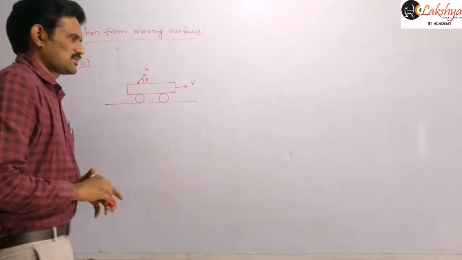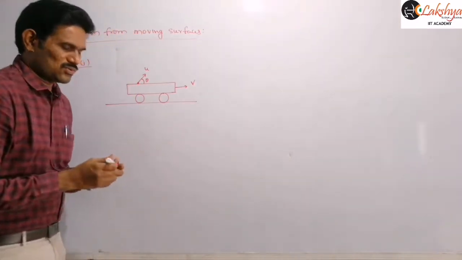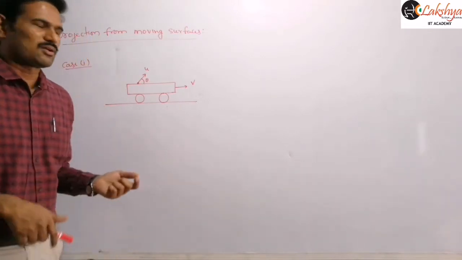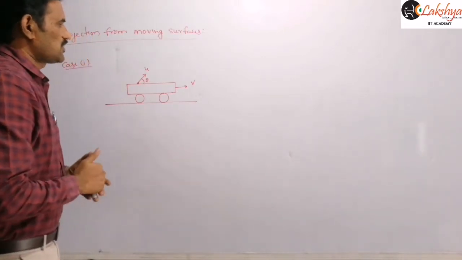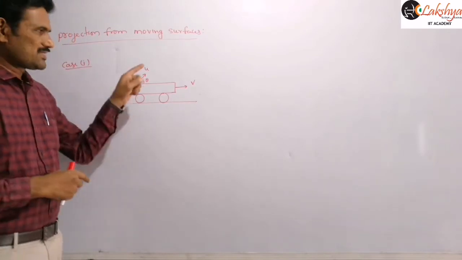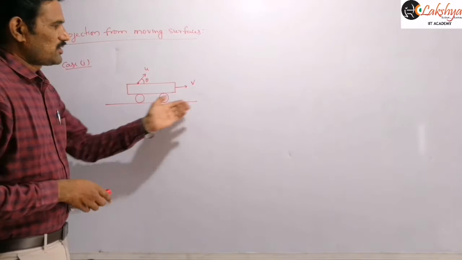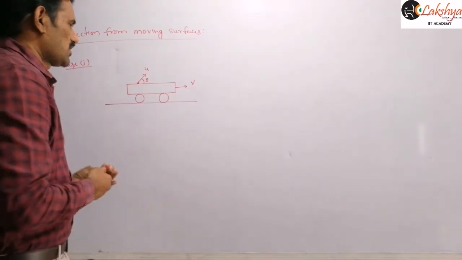So that is our case here. That means a person is standing on this truck. Now he is projecting an object with respect to the truck with an initial velocity u at an angle theta. So this data is with respect to the truck. That is important here. And now it is traveling with the velocity v.